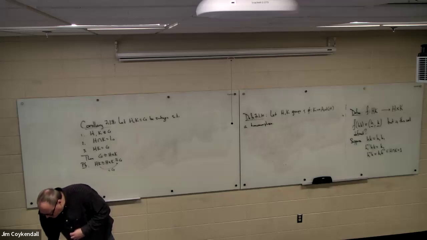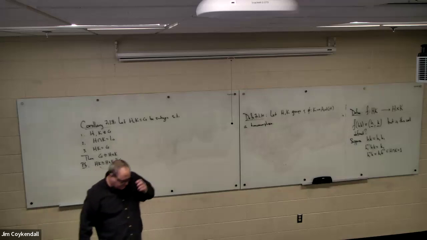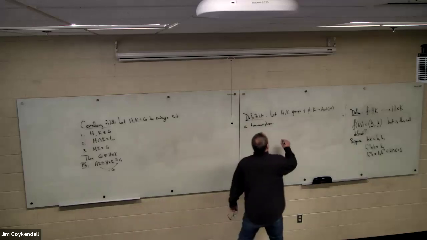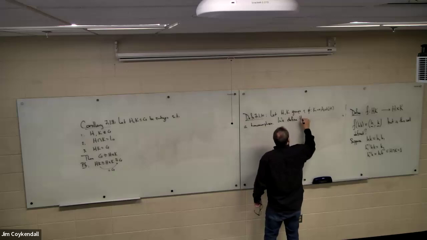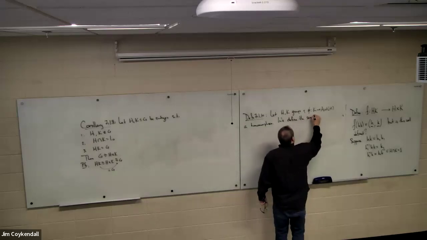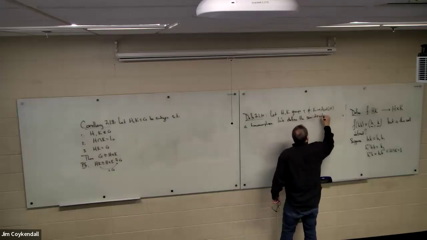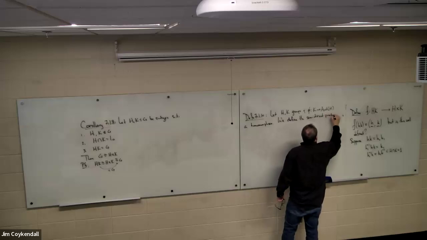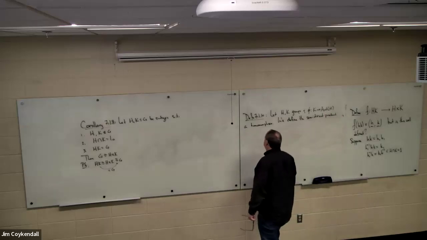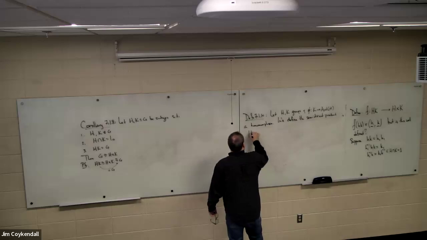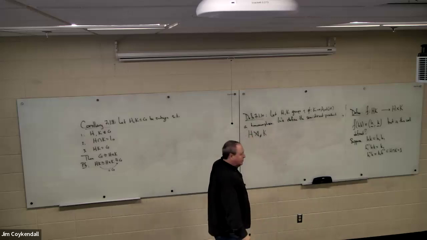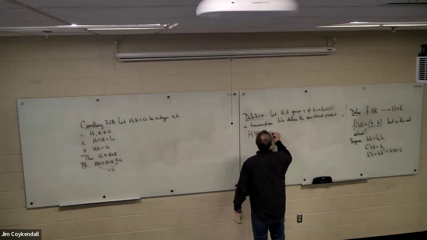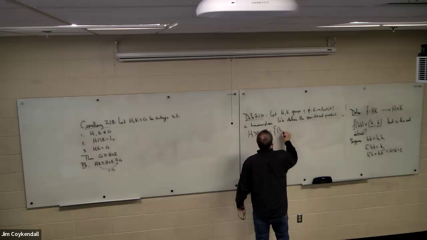We define the semidirect product, strange notation here, to be the set of ordered pairs.